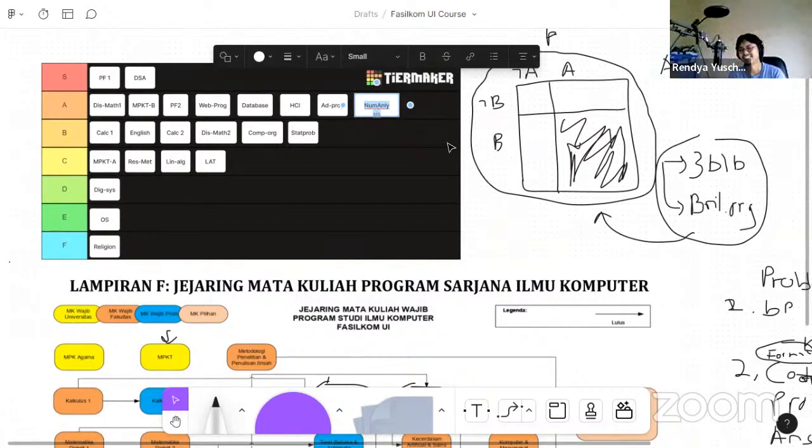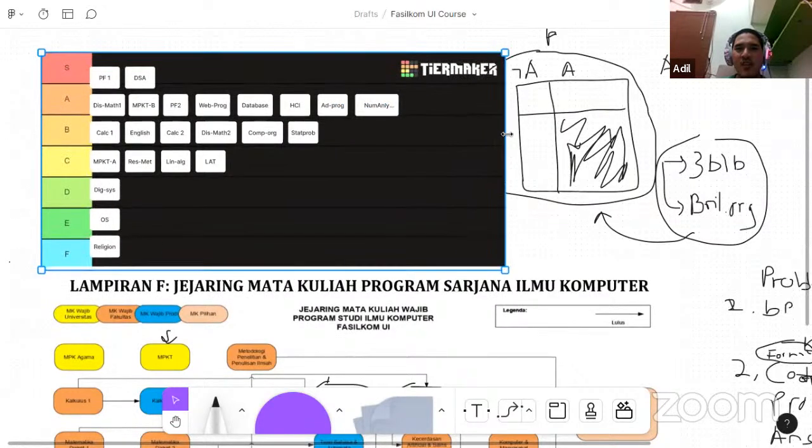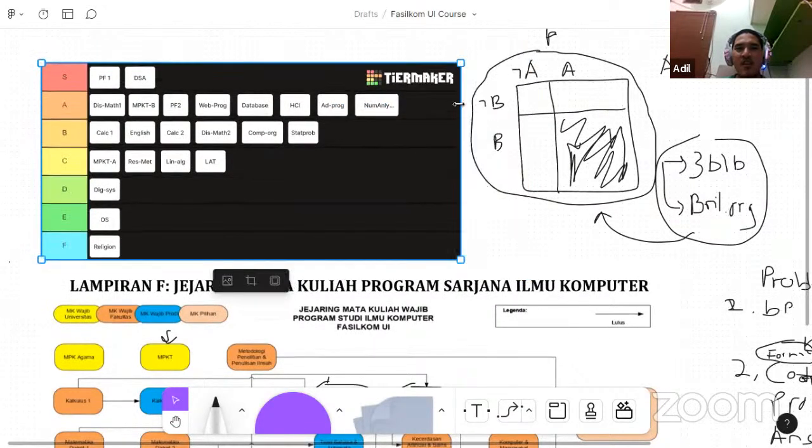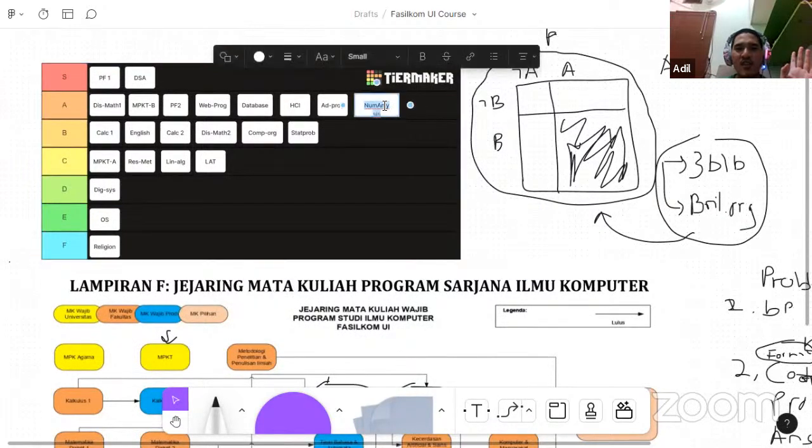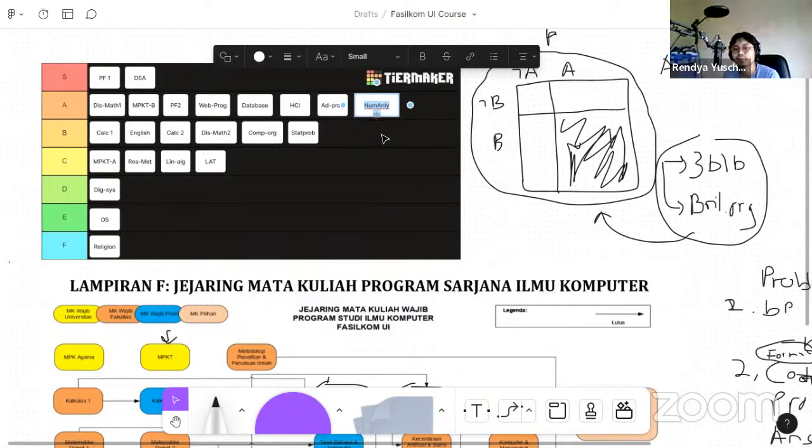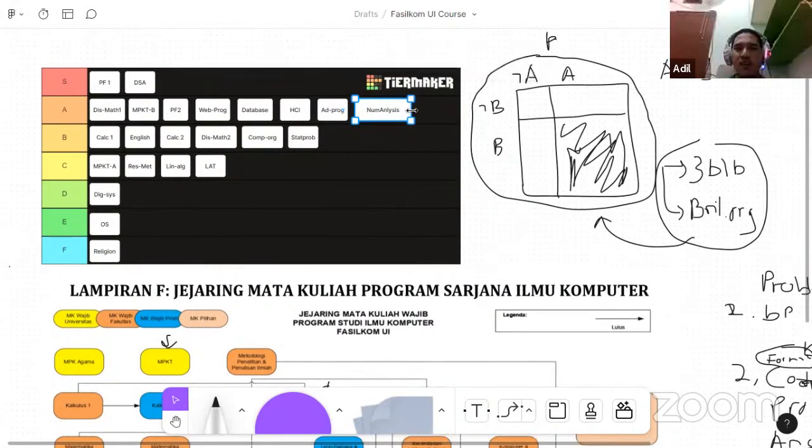But in the 1980s it was numerical analysis, because back then computers were used as calculators, and when we use a calculator we want good precision, even to a high degree of precision. That's why numerical analysis was so popular back then.